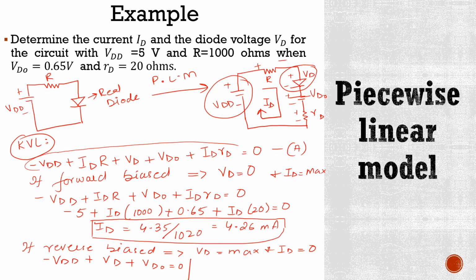And if we rearrange this equation, it will become VD is equal to VDD minus VD naught. If we put our given values, it will be 5 minus 0.65 is equal to 4.35 volts. So this is the value of diode voltage. Okay, so this is how you are going to analyze any circuit using piecewise linear model.